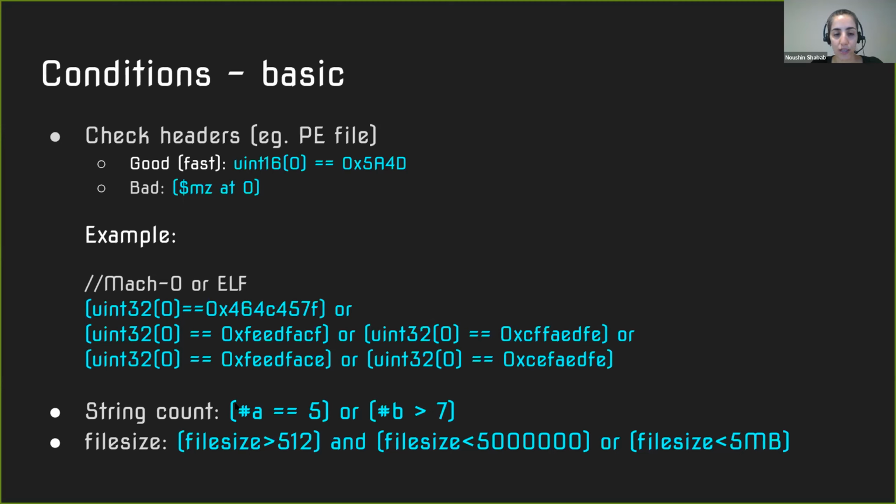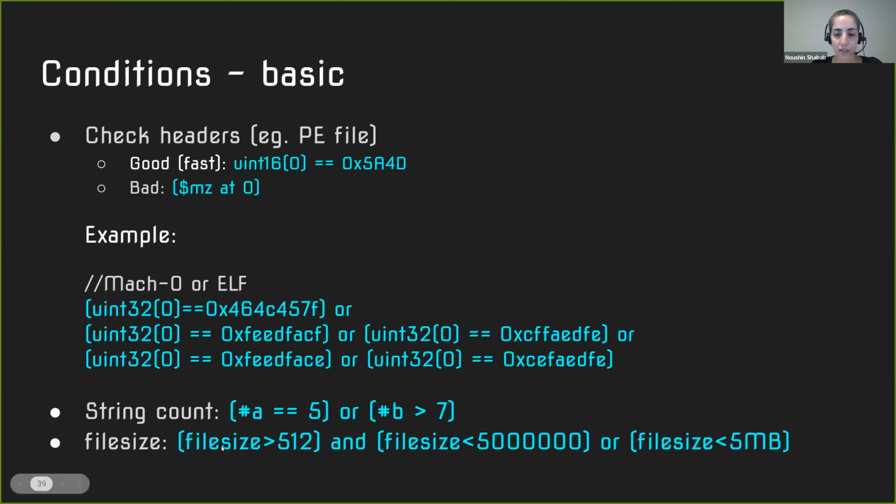You can see that this means that we need to have exactly 5 times the string A in the file, or we have more than 7 times the string B in the file. This is quite useful in many cases. We'll actually see an example in one of our exercises later.